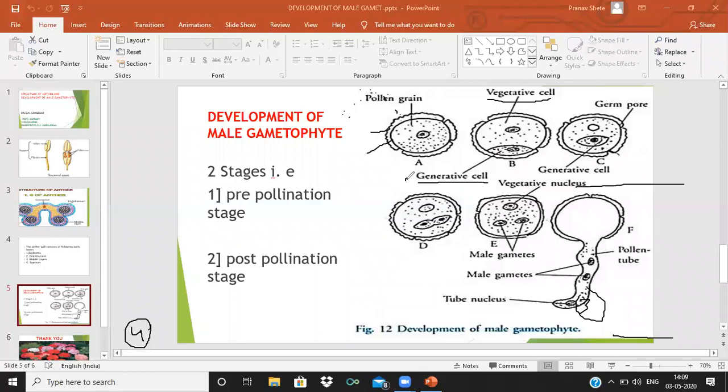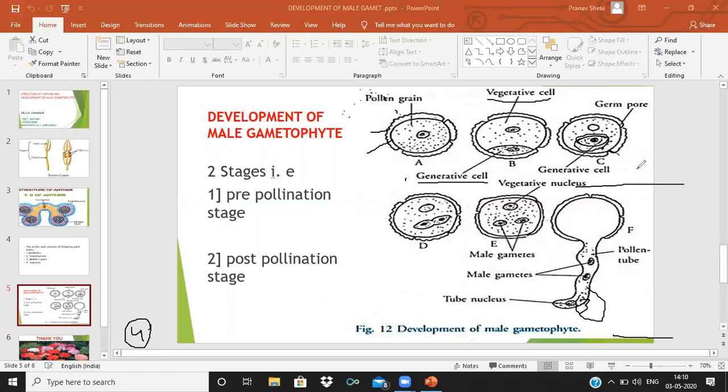This newly formed generative cell is attached to the exine. In the next stage, callose is formed and separate nuclei are formed. They are not attached to the intine, and this small nucleus is called the vegetative nucleus. Vegetative nucleus is also called the tube nucleus.